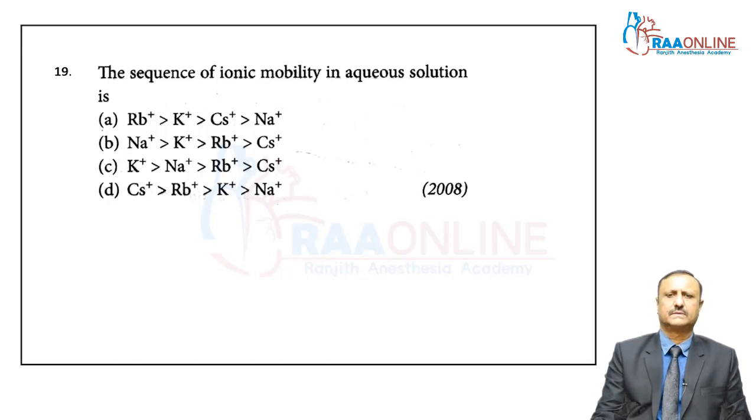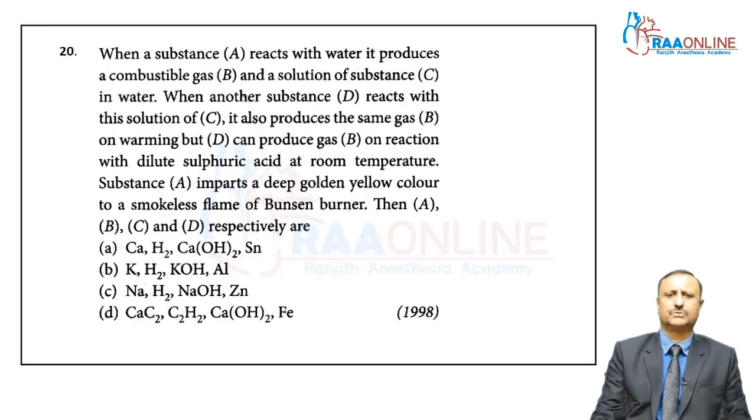So, my dear students, the ionic mobility sequence is: the greater the size, cesium plus, then rubidium, then potassium, then sodium. So you can go with answer D. 19 answer is D. Now we can go to question number 20.